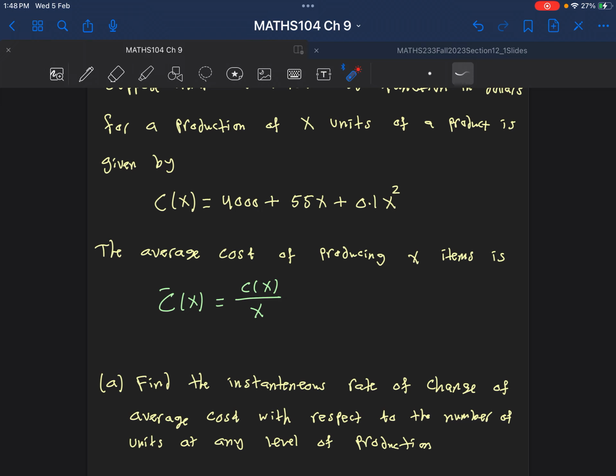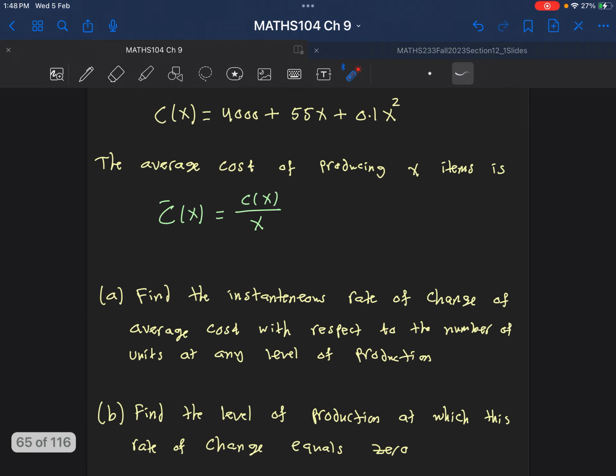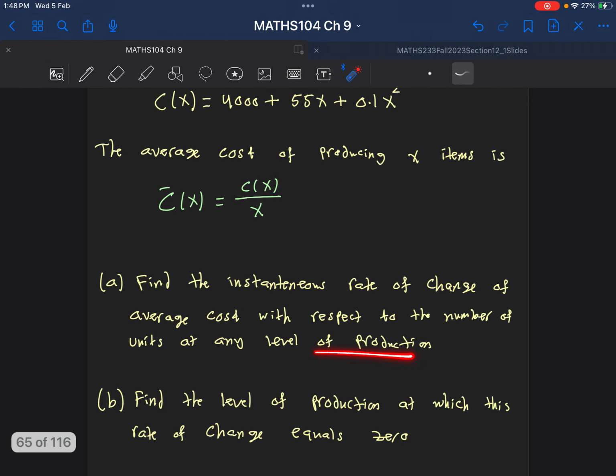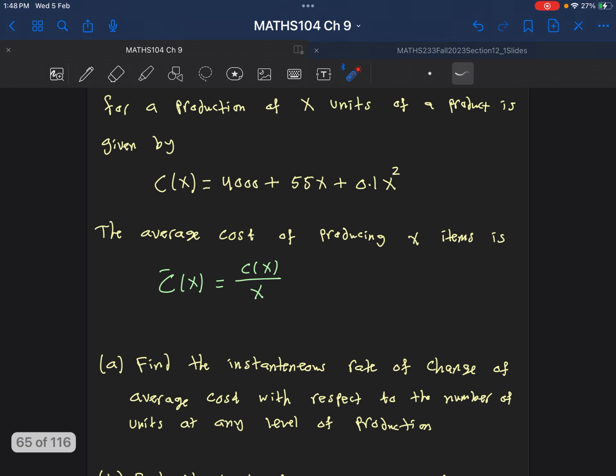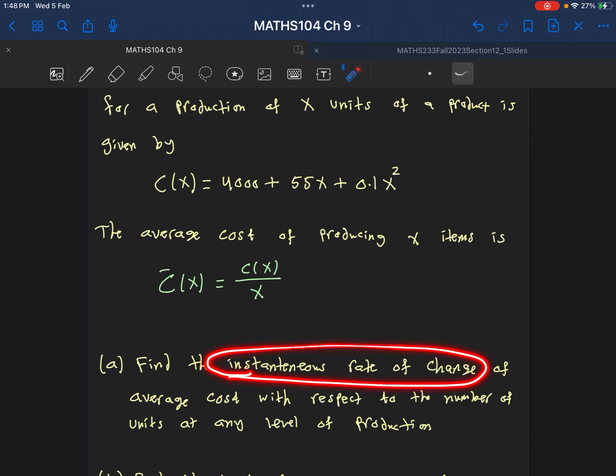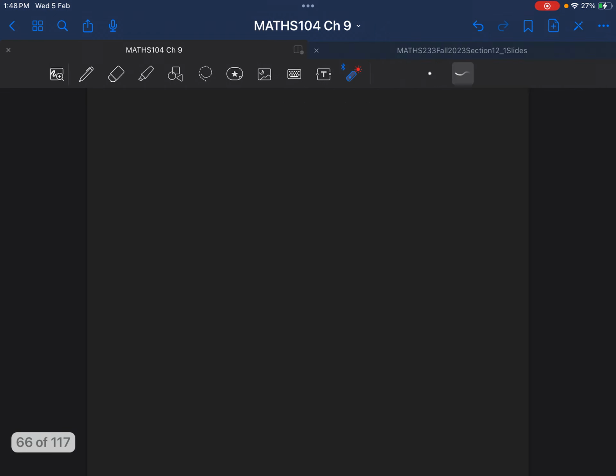We want you to find the instantaneous rate of change of the average cost with respect to the number of units at any production. Okay, so we need to find the instantaneous rate of change. What does instantaneous rate of change of the average cost mean? It means the derivative. Derivative of what? Of this formula here.